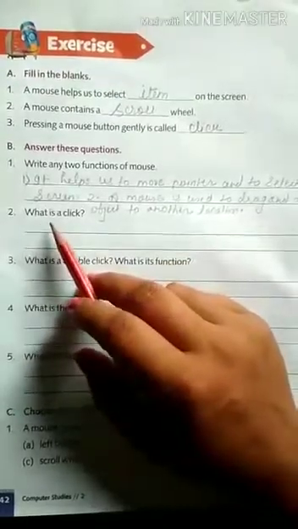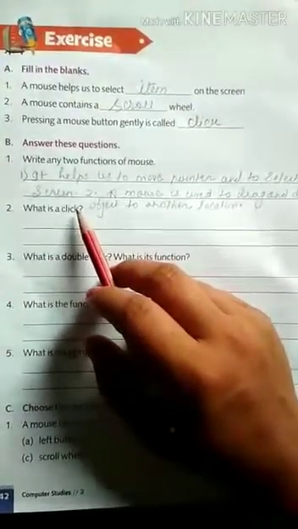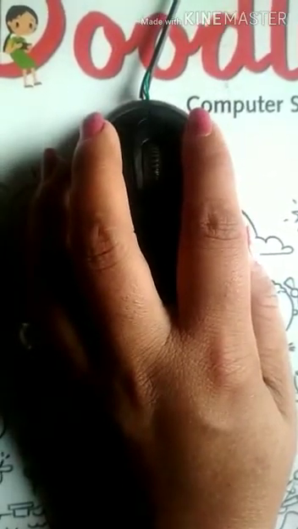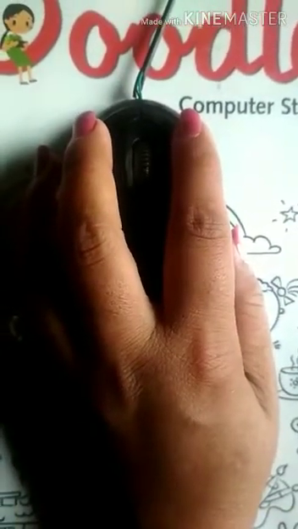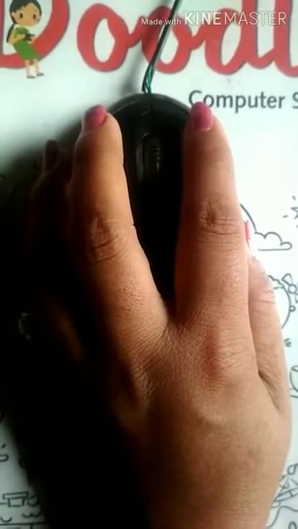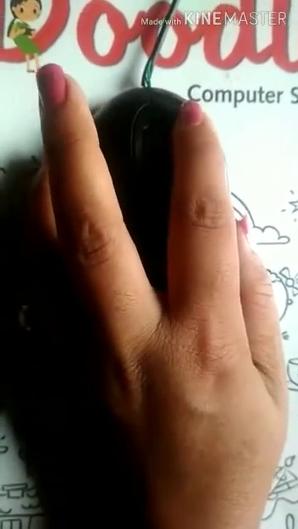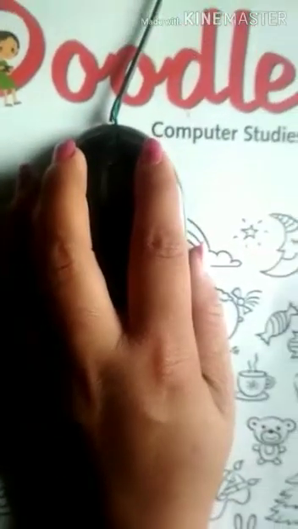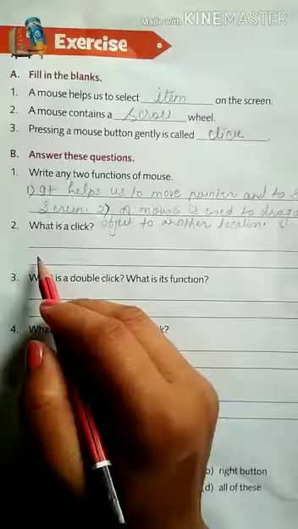Question number 2. What is a click? When any button of the mouse is pressed gently, it produces the sound of a click. That is why it is called click. Clicking left button is called left click. Clicking right button is called right click.